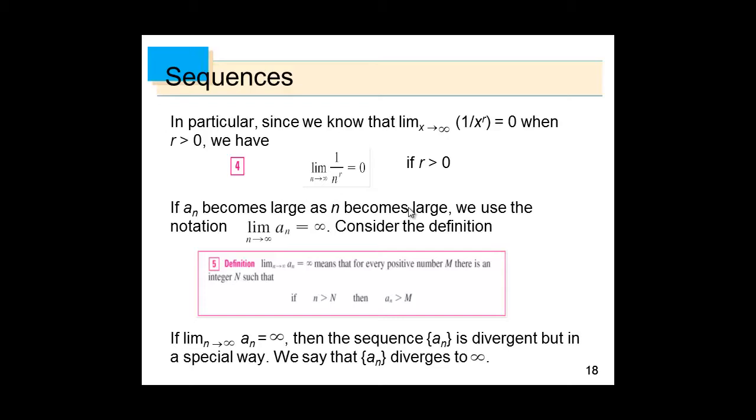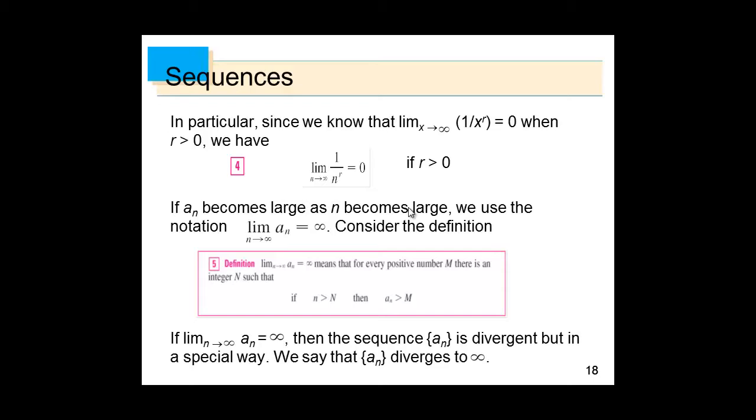Of course, r has to be positive, right? If r is negative, it doesn't work anymore. If r is, for example, negative 2, what's the limit? It's not 0 anymore, right?